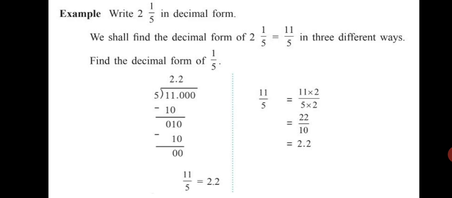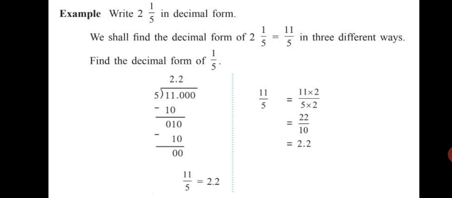This is one method, by dividing normally and taking the decimal point wherever it is required. Another method is to convert the fraction with the denominator 10, 100, 1000 that you have done before in the previous chapter. So 1 twos are 2, 11 twos are 22 and 5 twos are 10. You got denominator 10.